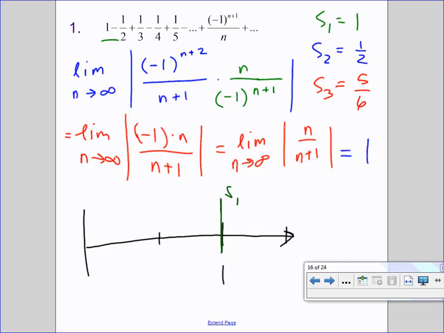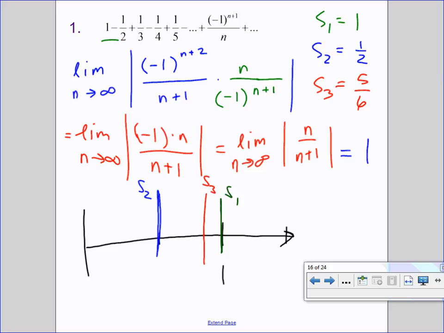Second partial sum, s sub 2, 1 minus 1/2 is 1/2, so here's my s sub 2. S sub 3 is 5/6. Where's 5/6? If this is 1/2, and this is 1, then 5/6 is right about here. Quick check.